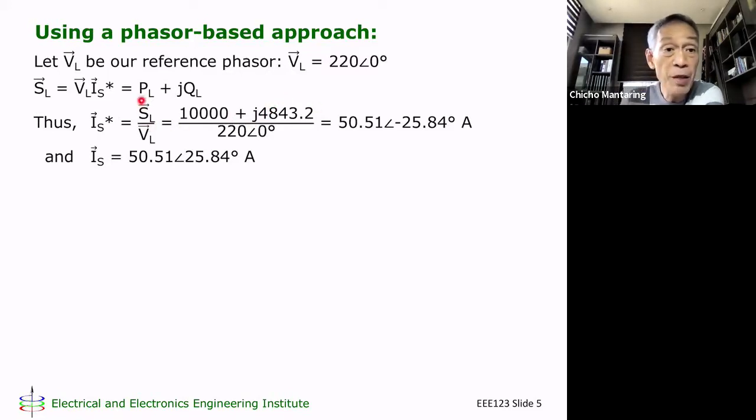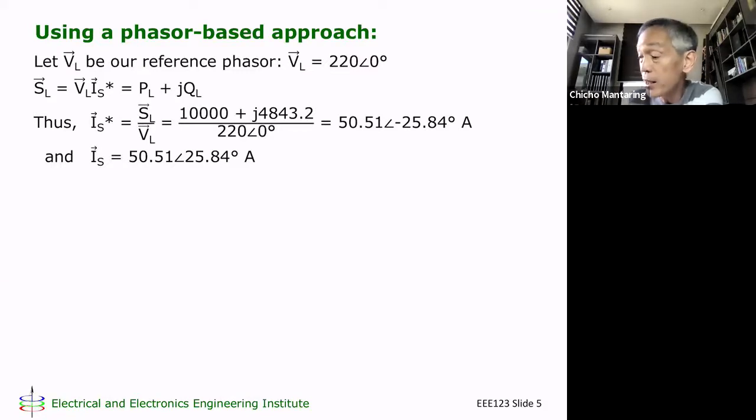So from the complex power formula, I can compute for the conjugate of the current that flows through the load. That's just P_L plus jQ_L divided by V_L. Meaning to say that's 50.51 at an angle minus 25.84 degrees amperes.